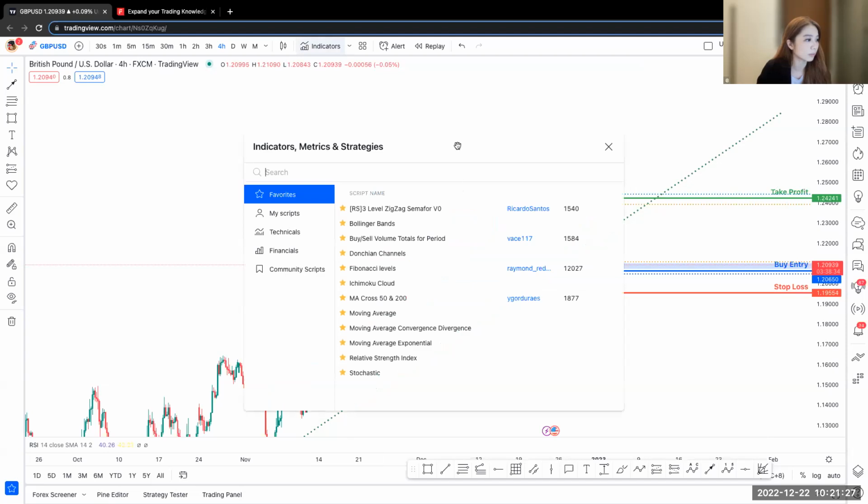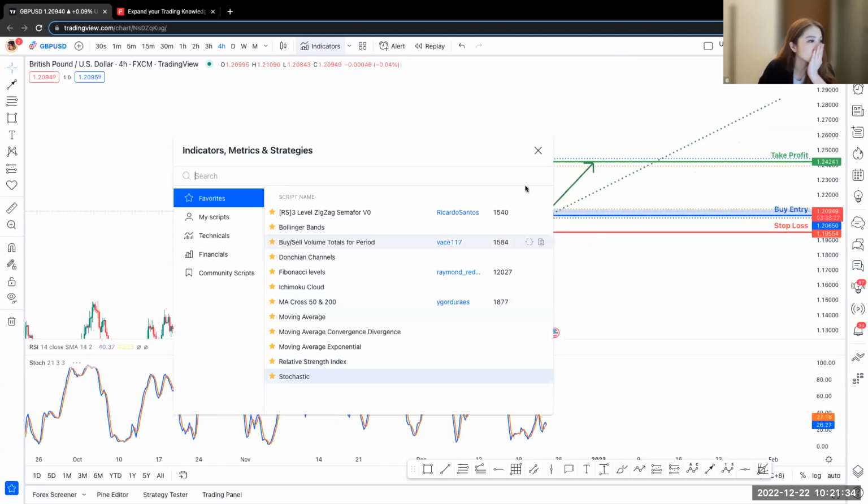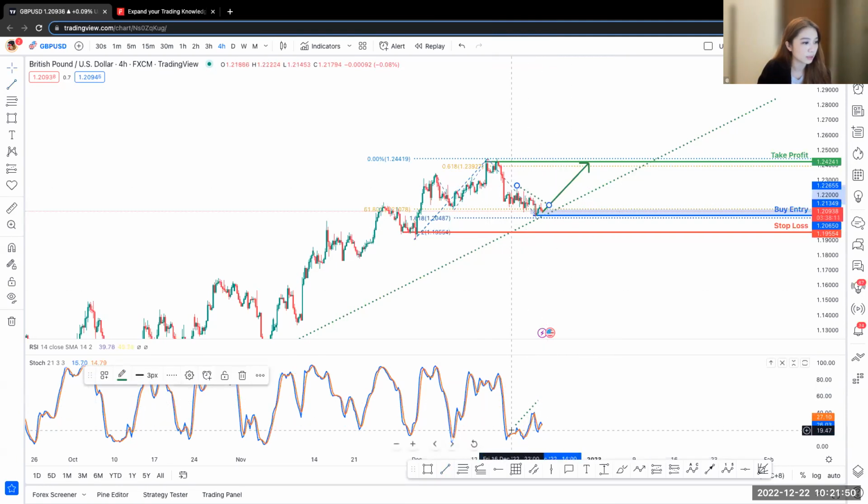RSI is not giving much of a help. Oh, I am seeing a divergence. In this case, I'm looking at upward movement, but this is showing me downward movement. Can you guys see? From this point, price is moving down all the way, however stochastics is moving upwards.